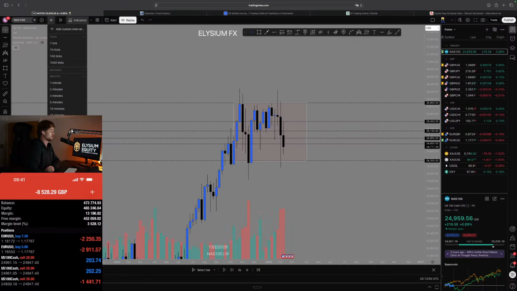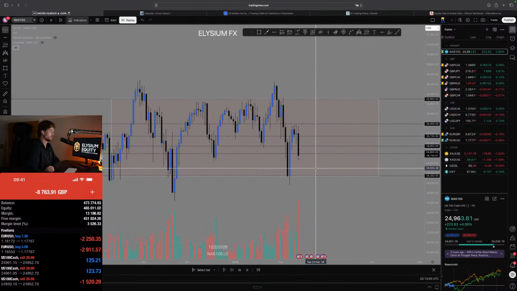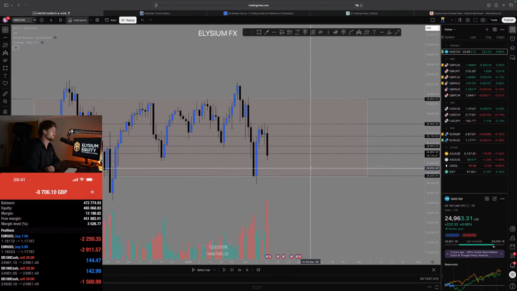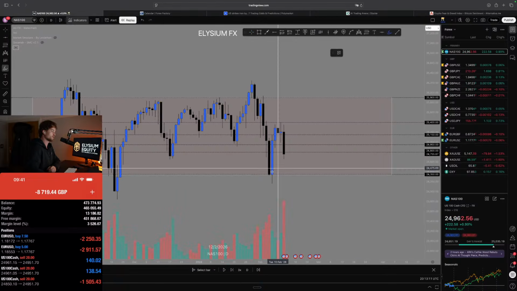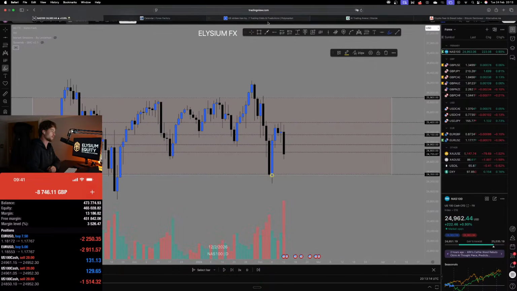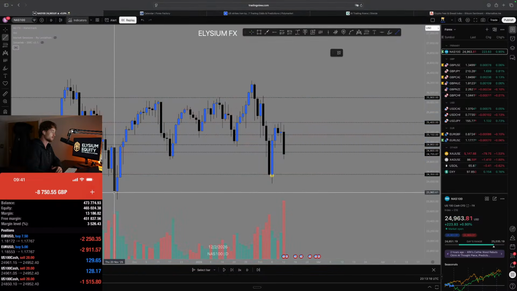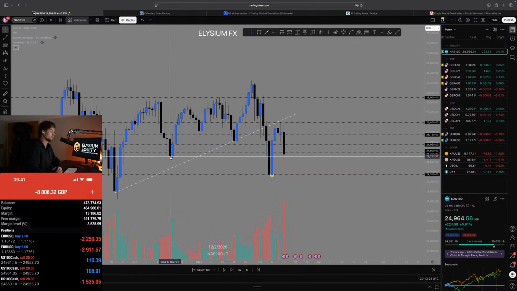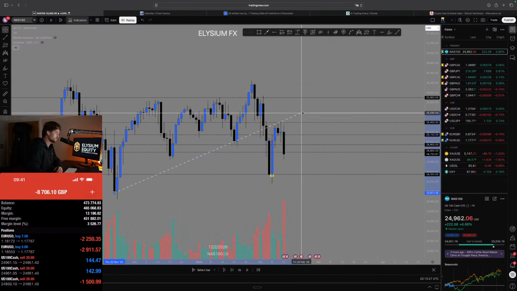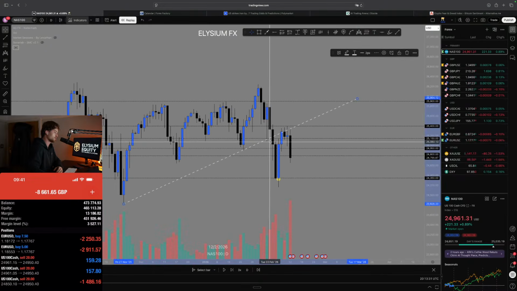Dropping down to the daily, I would say that the key factor here that prompted us looking for the short position was the formation of this low. Because if we look at the structure prior, we can see the price forming a series of higher highs and higher lows. So the price was in an upwards trend. We can do wick to wick, we can do candle body to candle body.